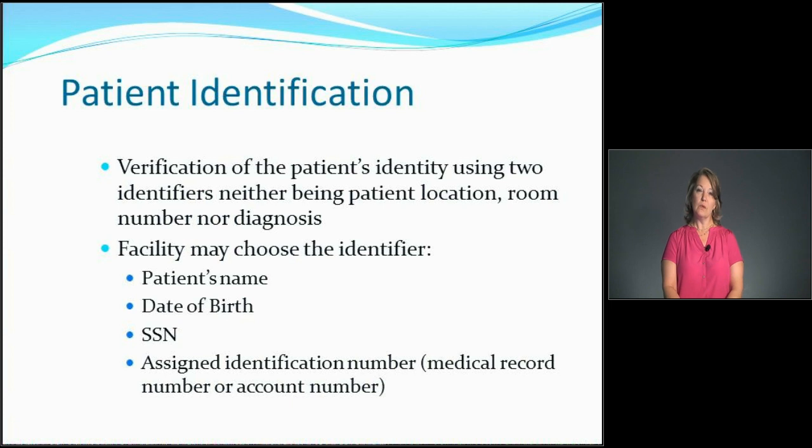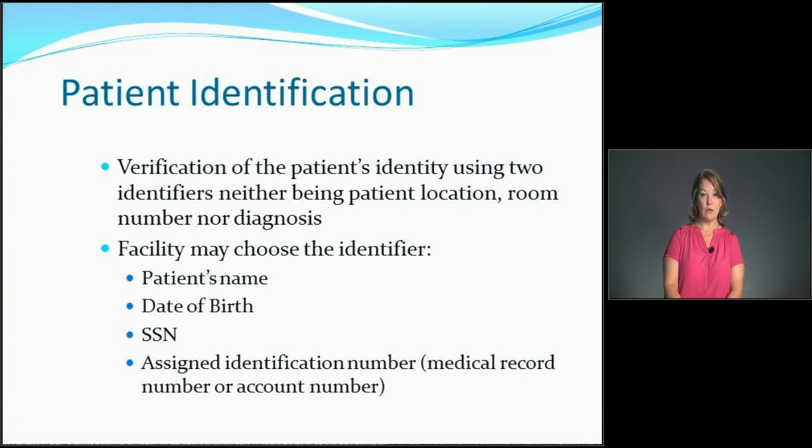So many times organizations do choose the patient's name as one of the identifiers, and that is because most patients know their own name. And then many organizations also choose date of birth because many patients know their own date of birth. However, that's not the only data that you can use for patient identification.